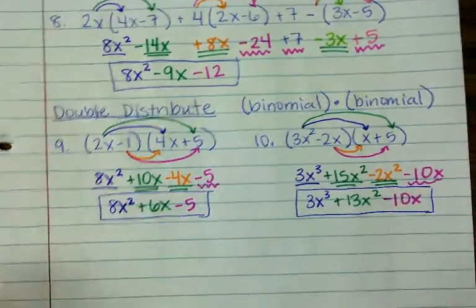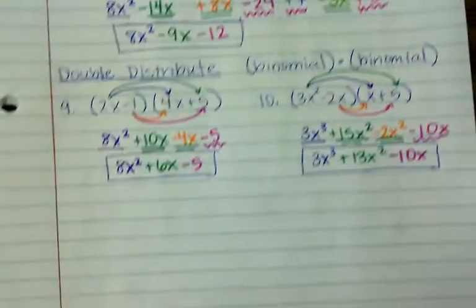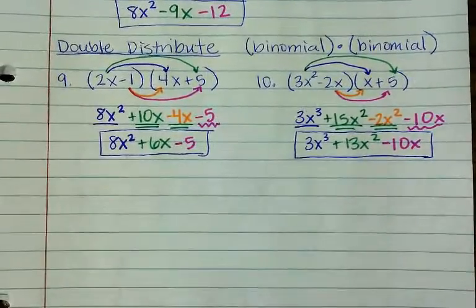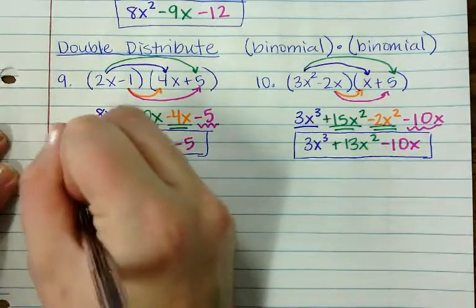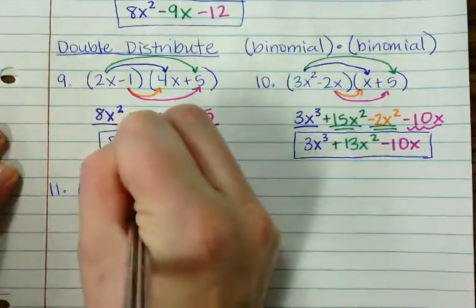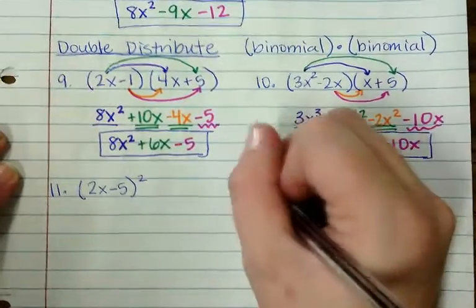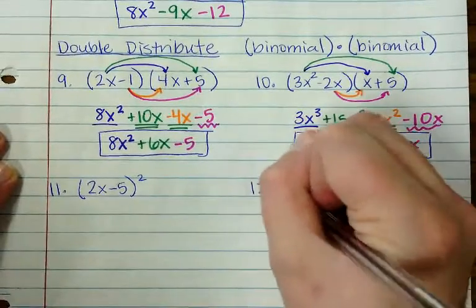So guys, double distribution is not too crazy, but you just got to make sure that you don't miss any little steps along the way. All right, then I'm going to look at something like this, 2x minus 5 squared. And for number 12, I'm going to write over here x squared minus 4 times x squared minus 4.